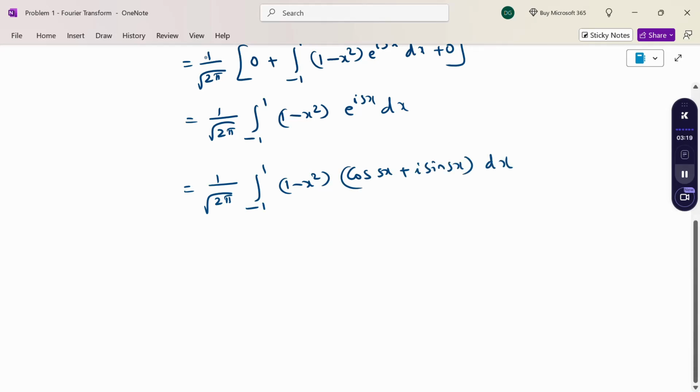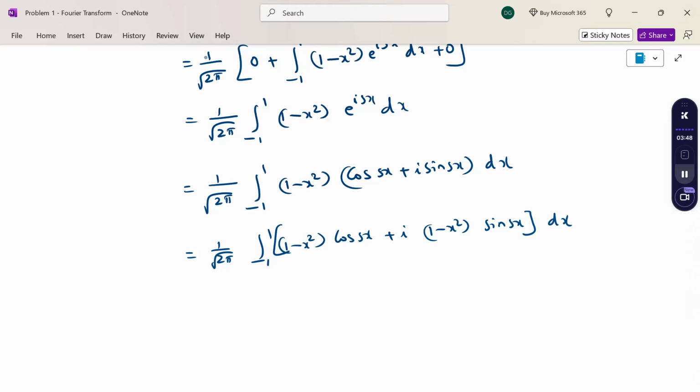Also multiply the product: 1 minus x square into cos sx plus i into 1 minus x square into sin sx, integral minus 1 to 1, into dx. I just multiplied 1 minus x square into cos sx plus i sin sx.